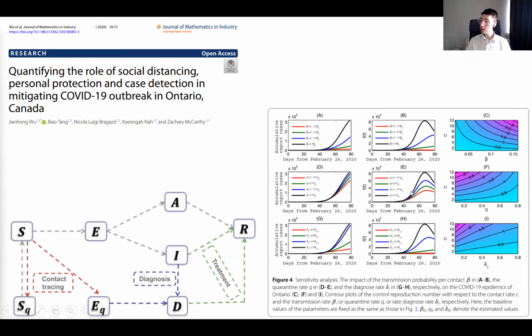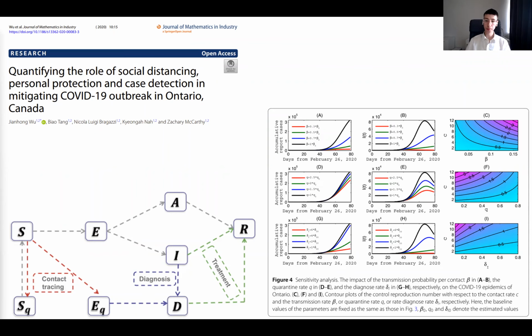On the third column here, we show the isoclines of the reproduction number as a function of each control parameter. This technique is useful to see the necessary conditions on measures to avoid a rebound in cases or to maintain control.